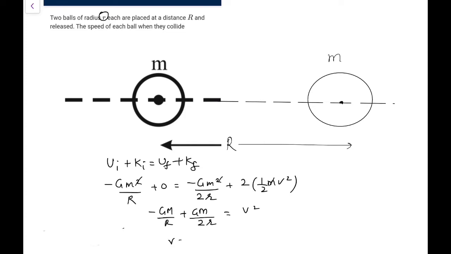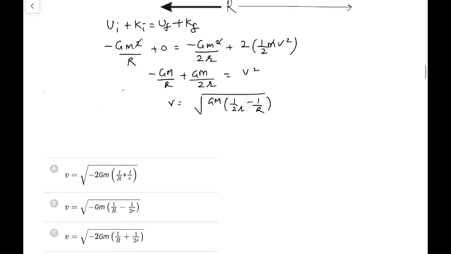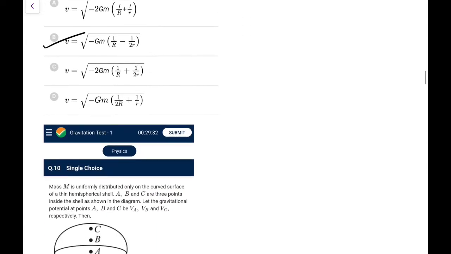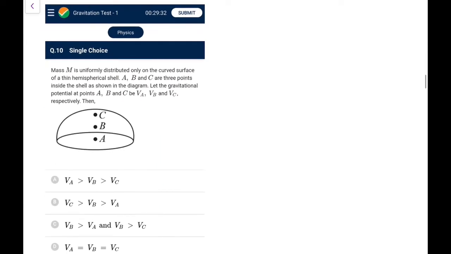So v comes out as root GM, taking common 1 by 2r minus 1 by r. Substituting that negative sign inside, this would be option B, the most appropriate one here. Again, basic energy conservation that I have applied.